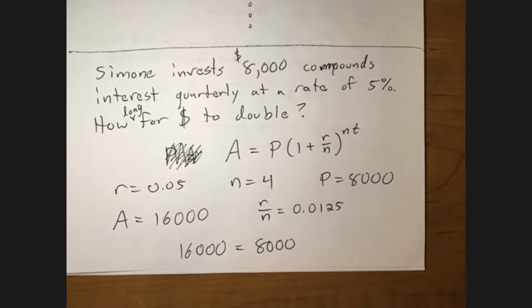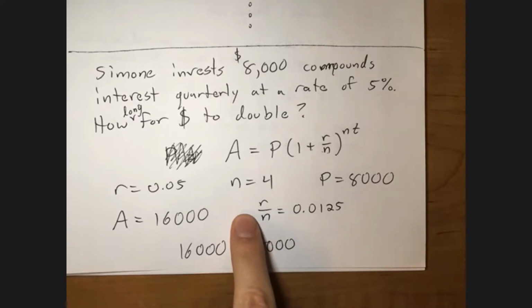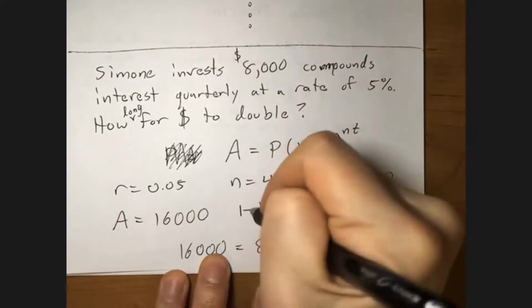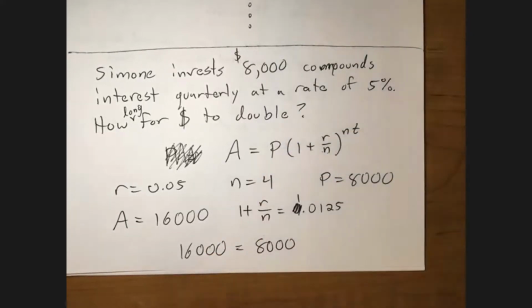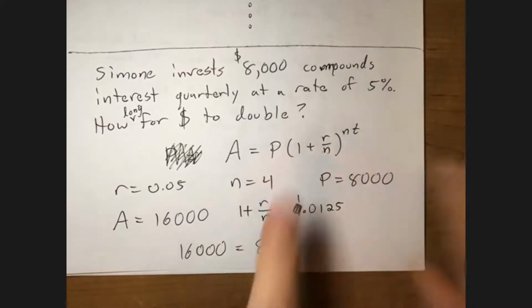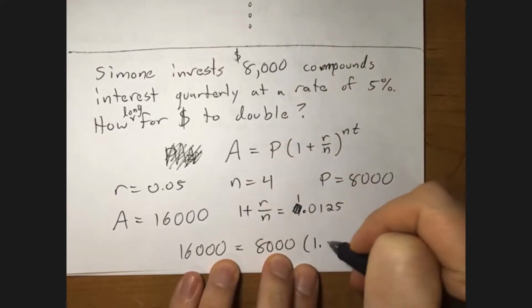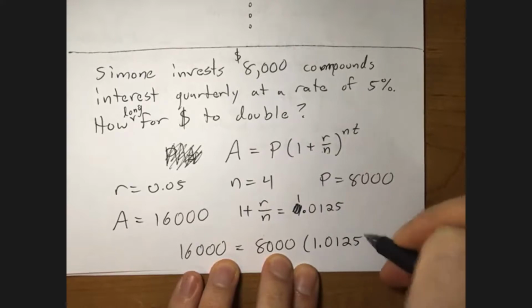If I divide 0.05 by 4, and 1 plus this is just putting a 1 out here. Okay, so this thing on the inside of the parentheses is 1.0125.